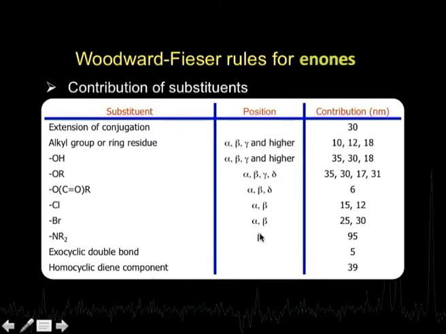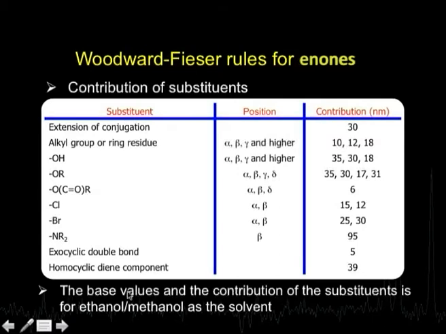Before we go further, one more very significant point is that the base values and the contribution of substituents, as mentioned in the two slides we discussed here, predict the value of lambda max for a given system for the solvent being ethanol or methanol.